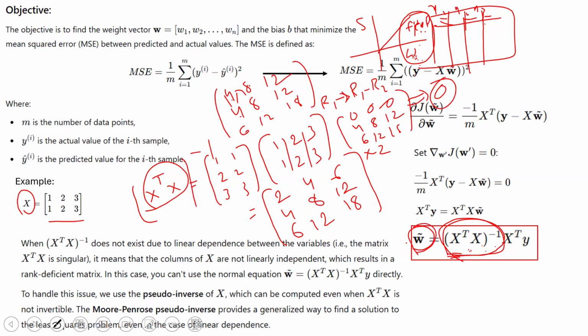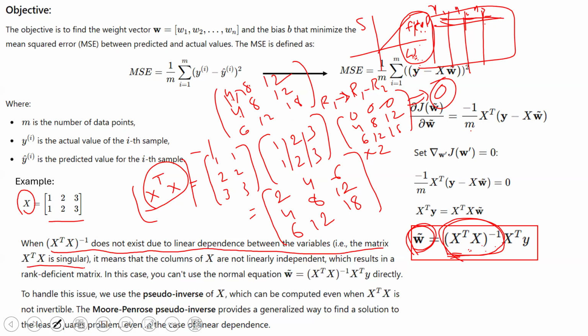Then how do you calculate W in such cases? Predominantly, as we have more number of features, one or the other features will be dependent on each other, right? So how do you calculate in that case? When X transpose X does not exist due to linear dependence between the variables, the matrix is called singular.